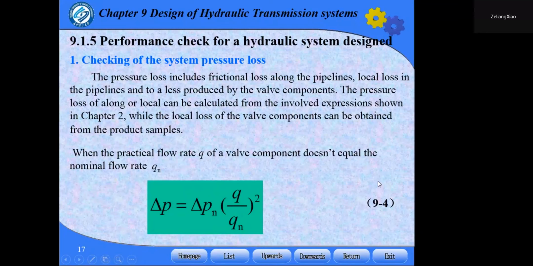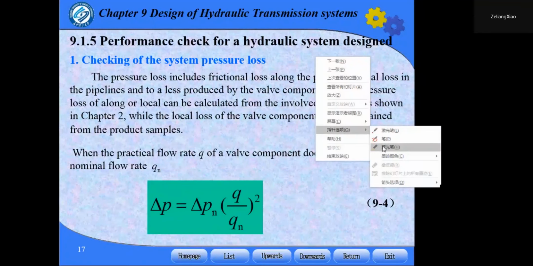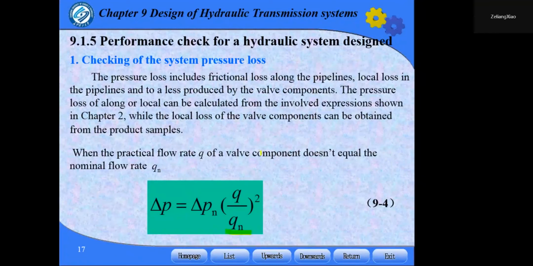When the practical flow rate is Q, and Qn is the rated flow rate or nominal flow rate, then this is the partial loss, and this is the nominal partial loss.